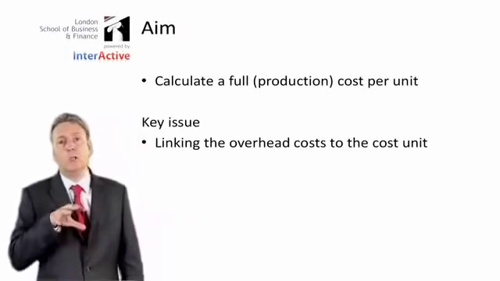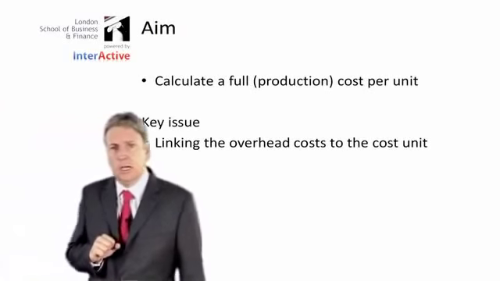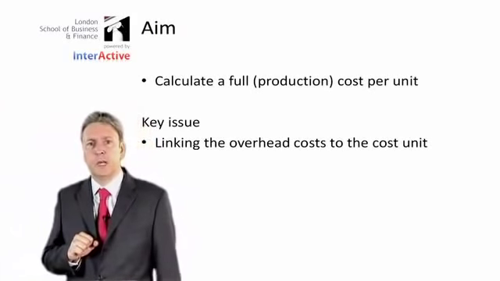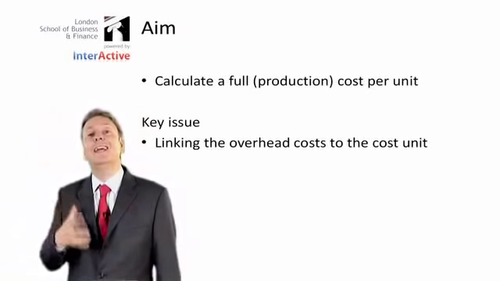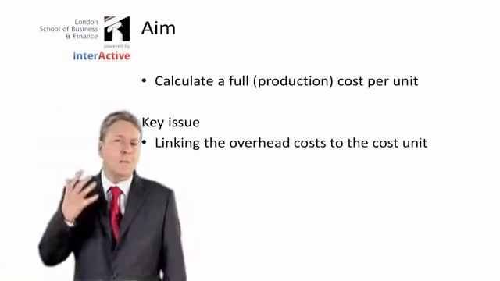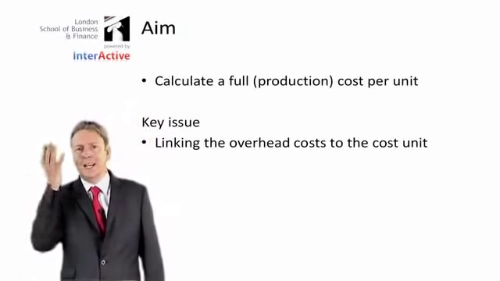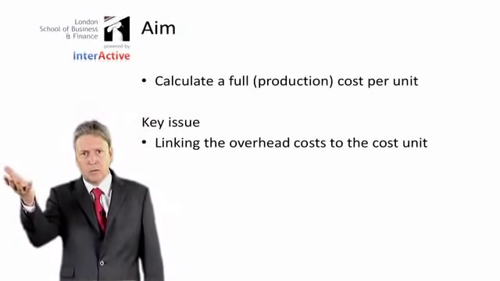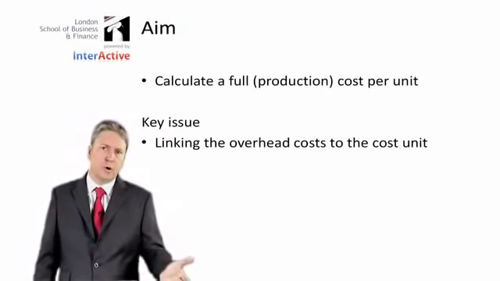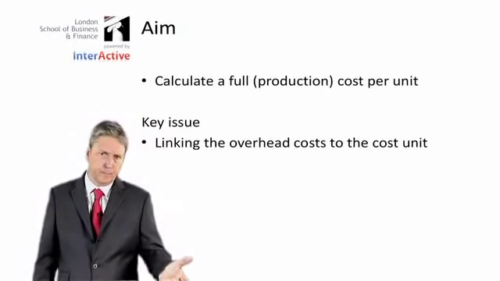The big problem are all those other costs incurred in a manufacturing process, which are necessarily indirect. And what I mean by indirect is that there is no obvious link between incurring the cost on the one hand and producing the product on the other hand.